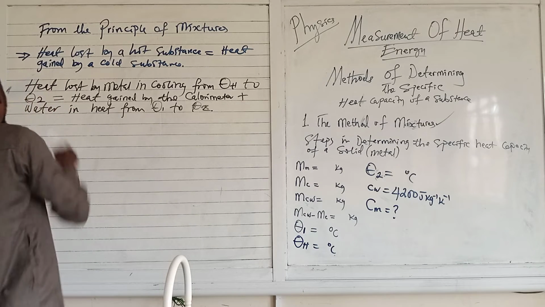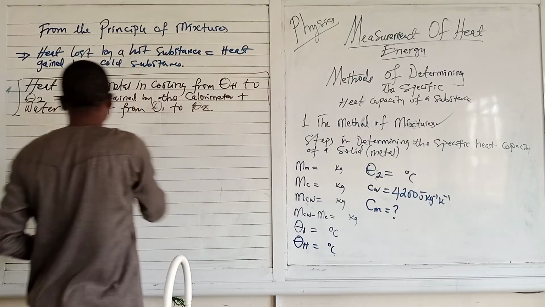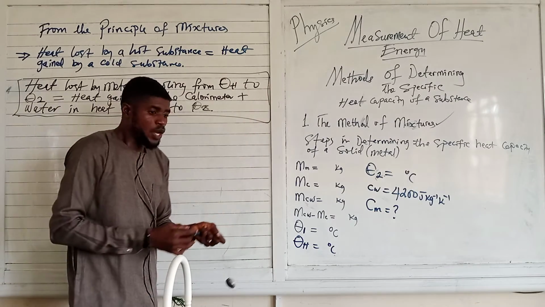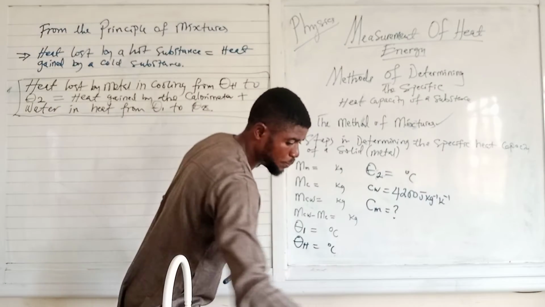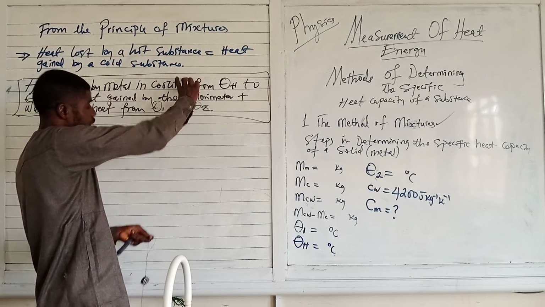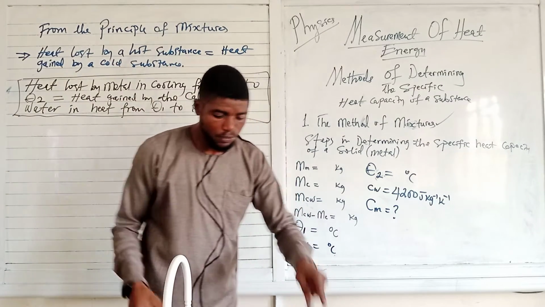I want you to know that this statement is very, very key in this topic. We are going to convert this statement into a mathematical equation. So just watch what I will do.